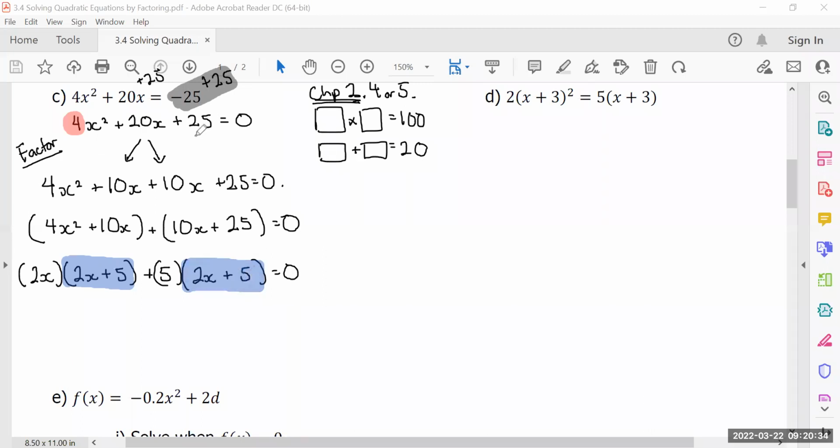So I'll finish this off by common factoring. If I common factor the 2x plus 5 bracket out, I'm left with 2x and another 5. Hey, would you look at that? They are identical. Woo. I think we spent like 2 classes just doing that in chapter 2.